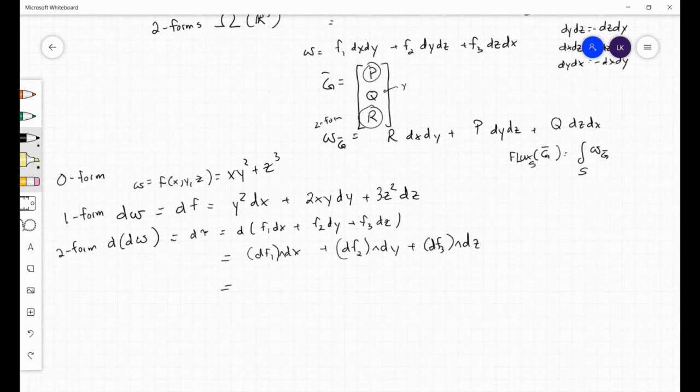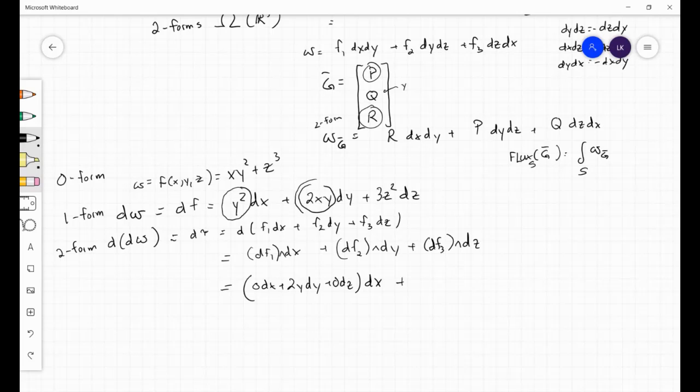All right. So in our example, we're taking the total differential of y squared, so that would be 0 dx plus 2y dy, 0 dz. And that's going to be wedged with dx.